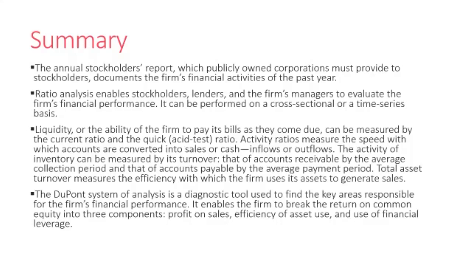The speed at which inventory is converted can be measured by its turnover, that of accounts receivable by the average collection period, and that of accounts payable by the average payment period. Total assets turnover measures the efficiency with which the firm uses its assets to generate sales.